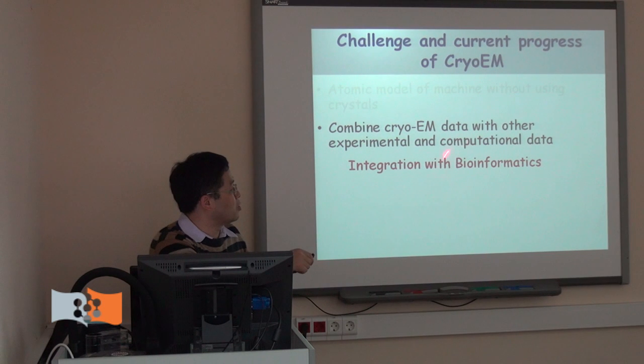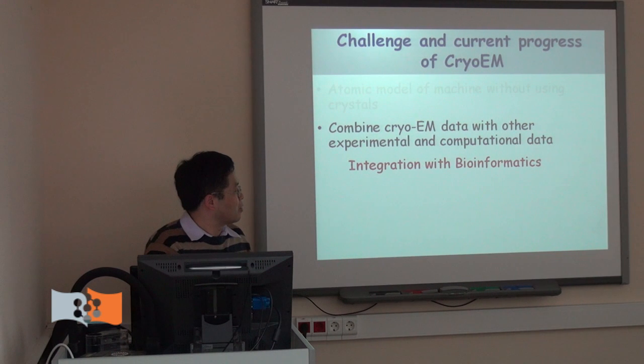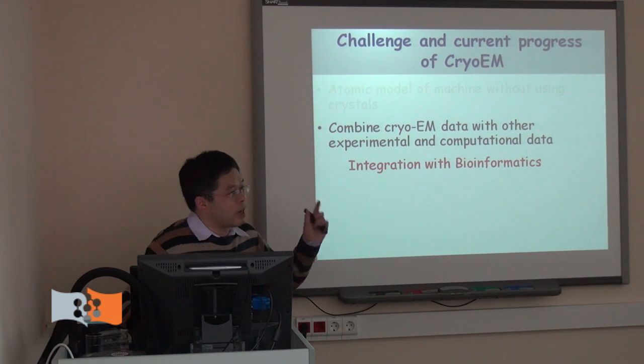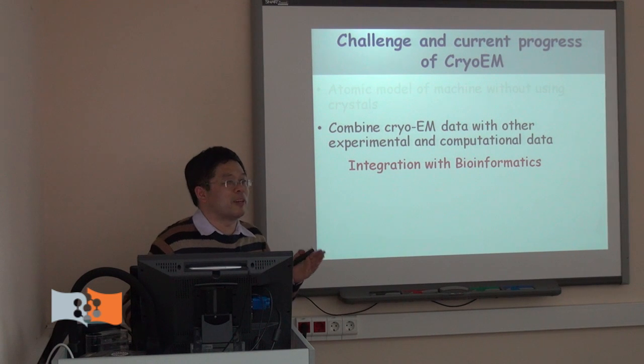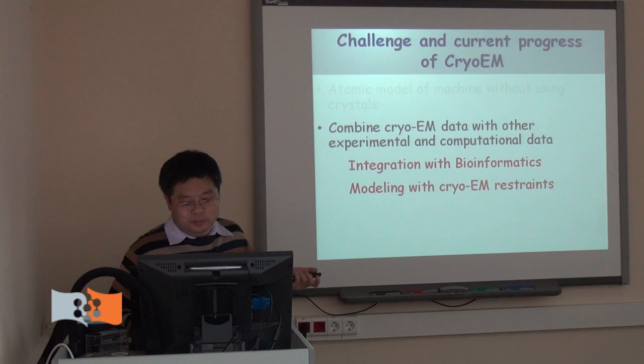Then we can combine bioinformatics with the constraint of your EM map. Prediction without any constraint, I think, is not very reliable. But after you put in some constraint, for example the EM density map, the prediction is getting much more reliable.